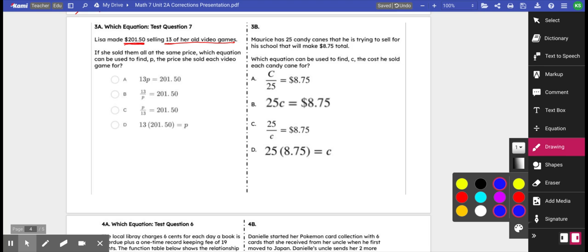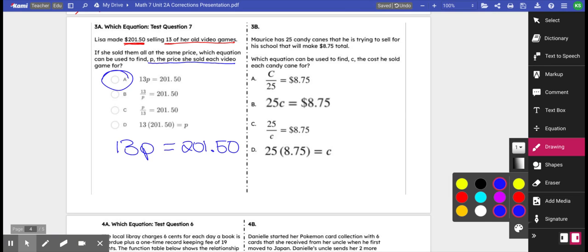So I know that it's going to equal 201.50 because that's the total she made. So she sold 13 and P is the price for each video sold. I would have to multiply the 13 times the P, the price per video game. So 13P. So it would be A.